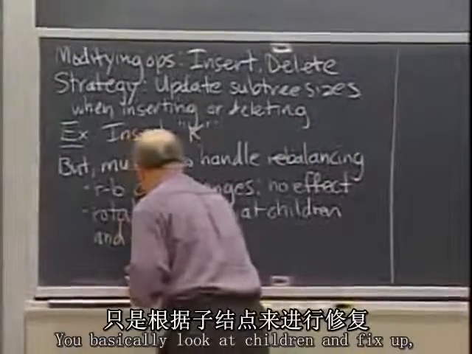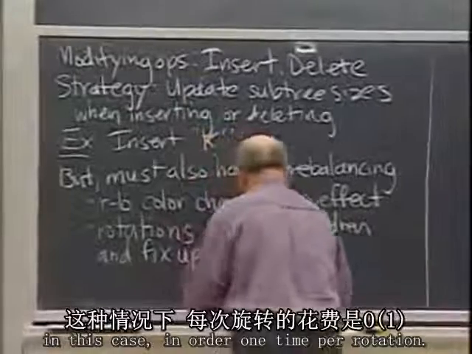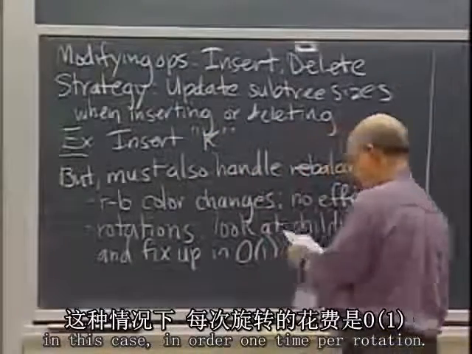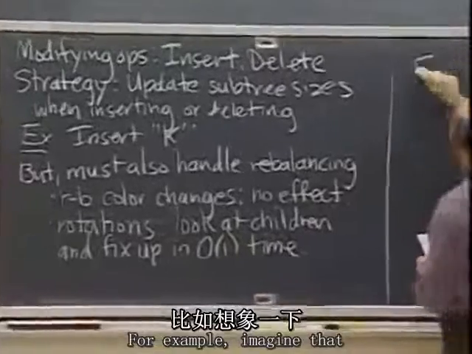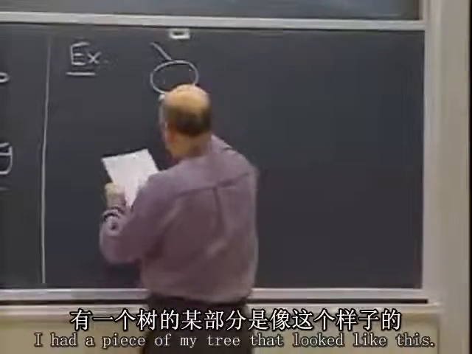Basically, look at children and fix up, in this case, in order 1 time per rotation. So, for example, imagine that I had a piece of my tree that looked like this.